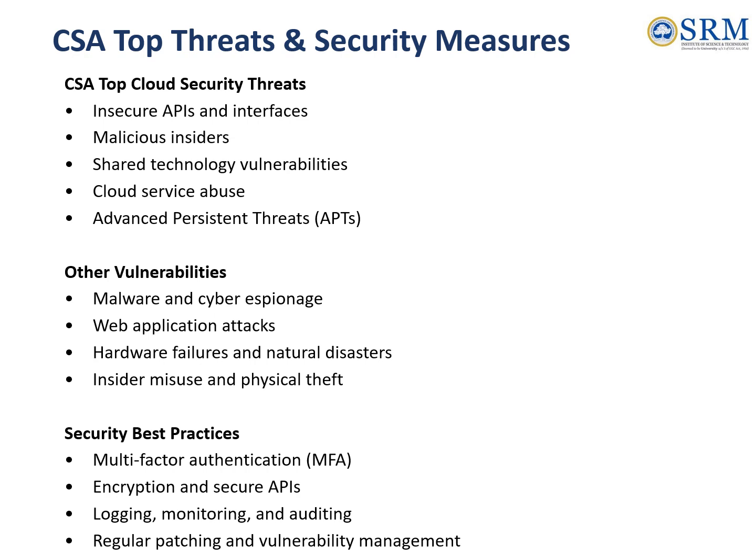Malicious insiders are also dangerous because employees with administrative access may misuse privileges intentionally. To protect cloud environments from these threats, organizations use several security measures such as multi-factor authentication, encryption, secure APIs, logging and monitoring, regular patch updates, and vulnerability management. These security practices help improve the confidentiality, integrity, and availability of cloud systems.